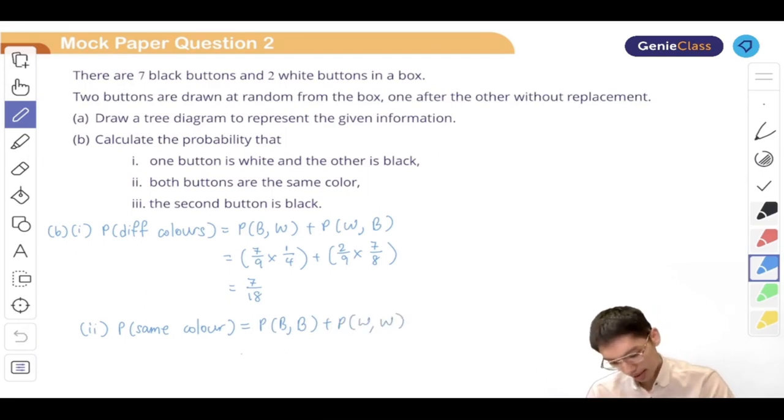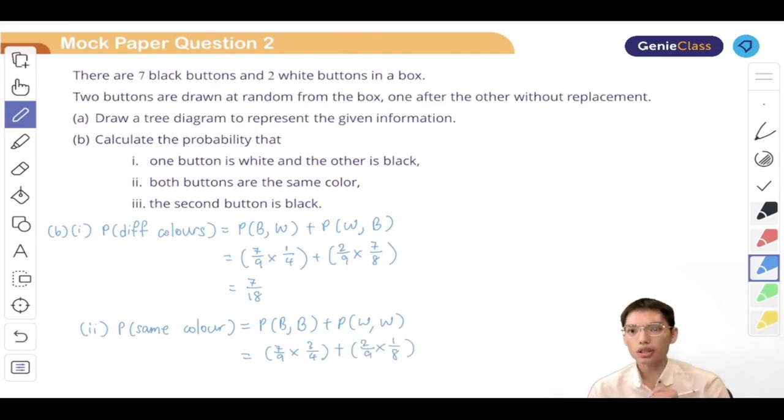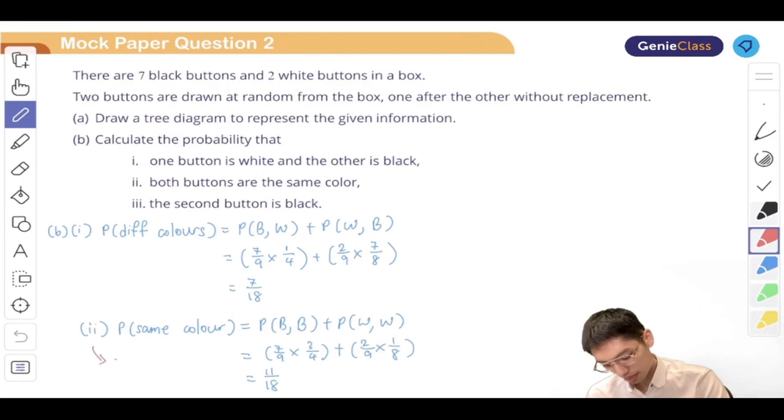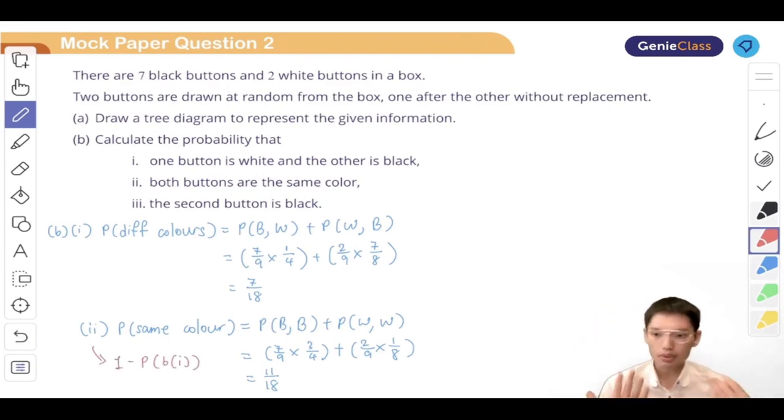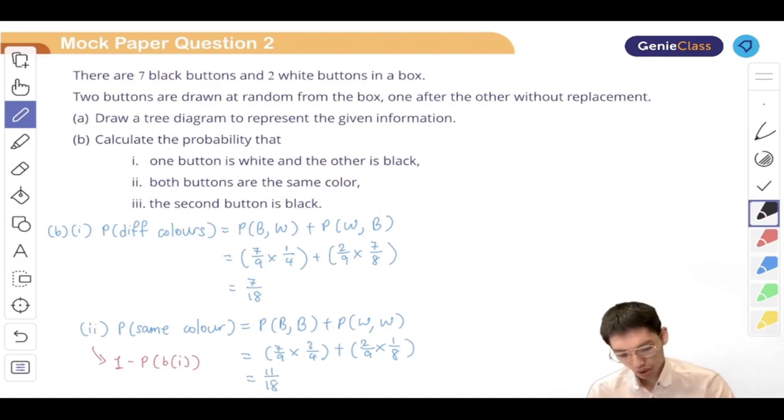This is none other than 7 over 9 times 3 over 4 plus 2 over 9 times 1 over 8. This is going to give me 11 over 18. Or you can do 1 minus the probability of part 1. That is also possible. Two ways, but just in case you forget the complement, you can do it via the tree diagram.